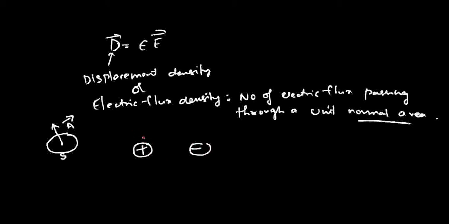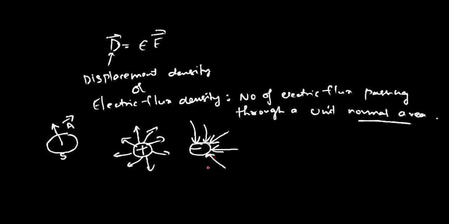The basic property of a positive charge is that electric lines of flux emerge from it. And a negative charge is that charge where electric lines of flux terminate. So basically, one acts like a source, the other acts like a sink. There are sources and sinks present in the electric field.